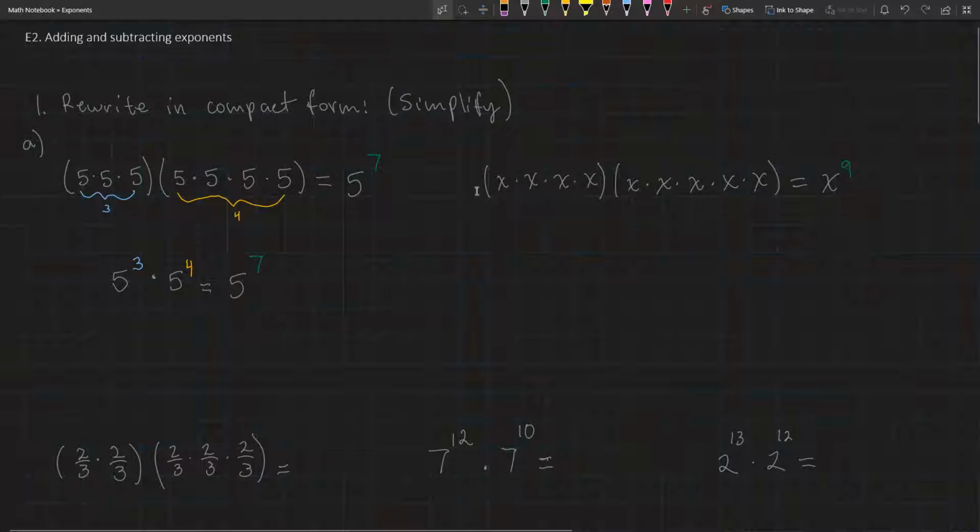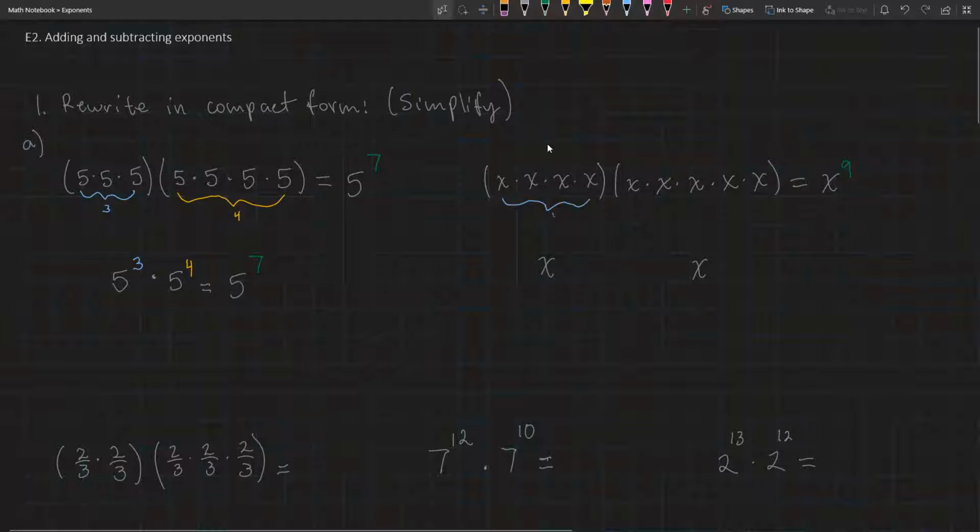So we know that all of this simplified to an x to the 9th expression. But if we think about it the same way, can we simplify this left expression first, write it with the same base of x? So this must be x to the some power times x to the some power on the right expression. How many times was x being multiplied by itself in the first expression?